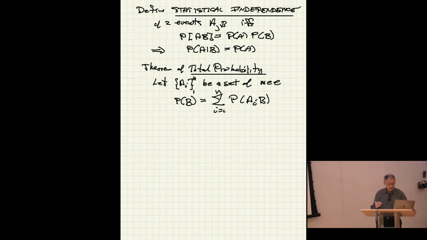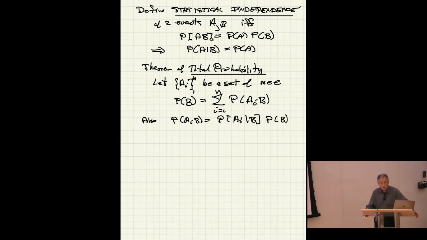Okay. Now also, let's make some notation, because I'm going to get a different form for this, one that's very powerful. The probability of A_i and B we know is equal to the probability of A_i given B times the probability of B. From what?